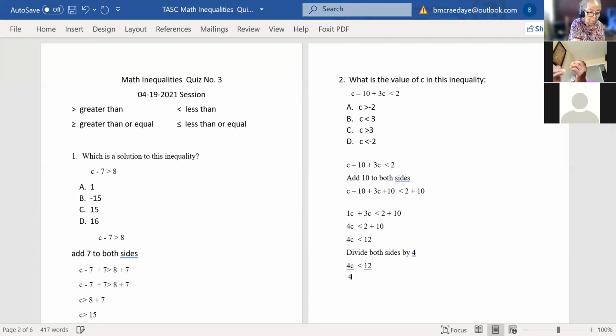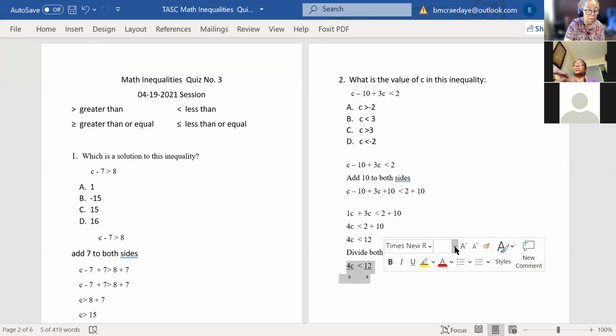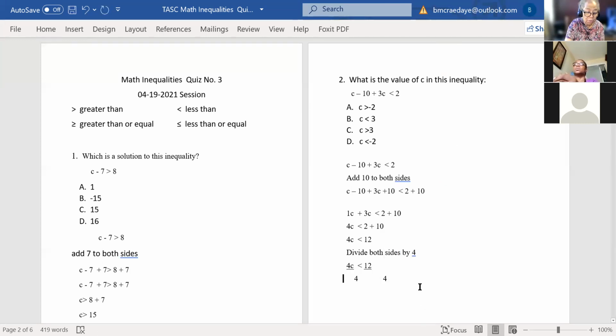That's 4. And 4 on the right side. Let's just make that bigger. Make that over, underneath.